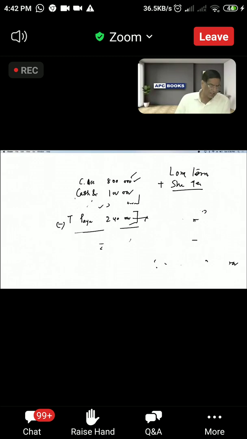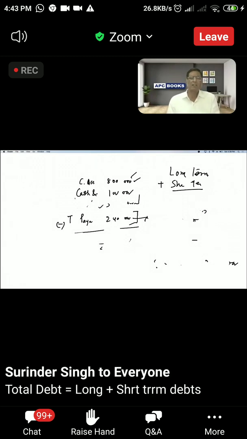Non-current assets are given. Current assets are given. Cash and cash equivalent is given. The student will have to decide whether to adopt the liability side approach or the asset side approach. Simple. Share capital is not given. So the liability side approach cannot be adopted because share capital or shareholders funds are not given. So simple, we have to adopt the asset side approach.